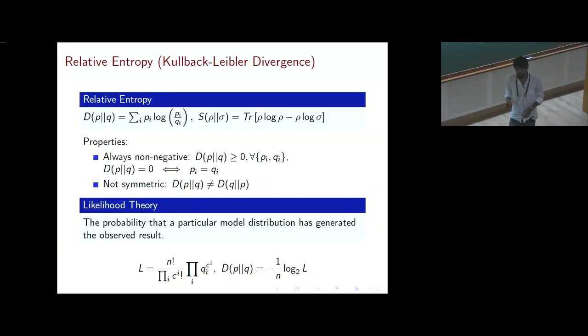You toss it a few times and you get a certain number of heads and a certain number of tails, which are described by C. Likelihood theory tells us the probability that your observed histogram has been obtained from your modeled distribution, and it is related to relative entropy by this formula. In other words, it says how many tosses of a coin you have to make to tell with certain confidence whether your model distribution is right or wrong. That's the reason why we choose relative entropy.